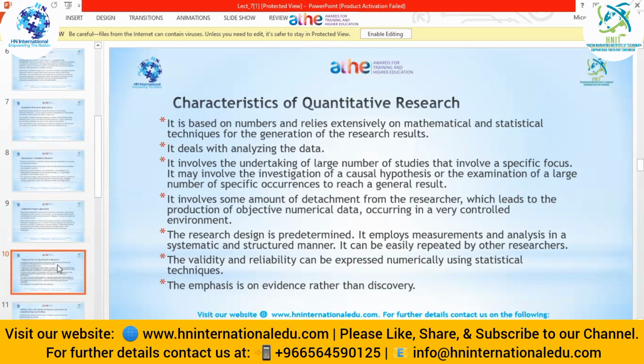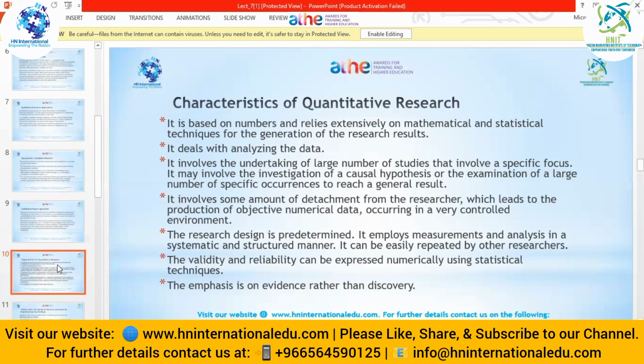It may involve the investigation of a causal hypothesis or the examination of a large number of specific occurrences to reach a general result. Now we can collect as much information as we can, because we have to produce a journal result, whether this product is good or not, and for that we have to include more and more investigation, hypothesis or testing on one focus, and focus on those specific things.